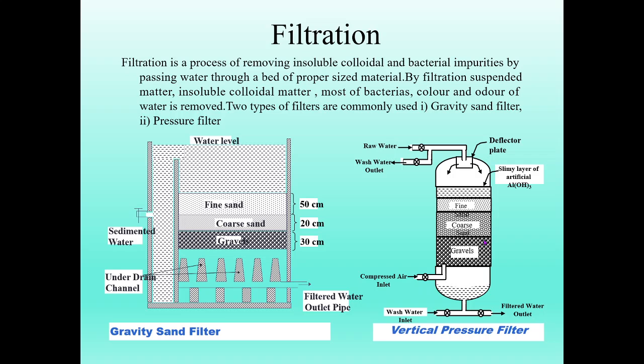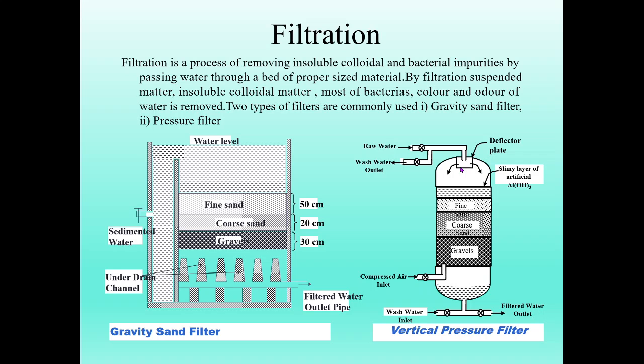It is then forced under pressure from the top of the tank. Added alum forms an artificial slimy layer on the filter bed, and this helps in removal of colloidal and biological impurities. The function of the deflector plates provided at the top is to distribute the slimy layer uniformly over the top of the filter bed.